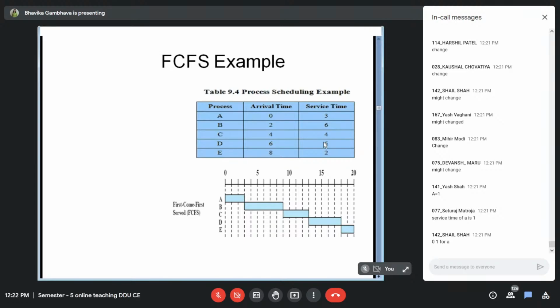So if first come first serve is clear, and I believe it is, because it is very simple in nature, can I ask you to find out response time for all the processes and turnaround time for all the processes? Please make a table and find out response time for all 5 processes and turnaround time for all 5 processes. And do not reveal the answer until I ask you to.